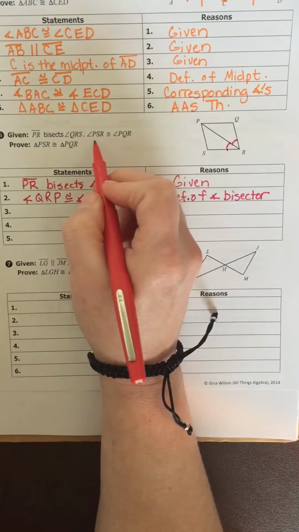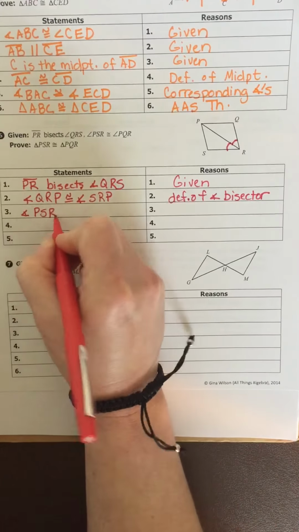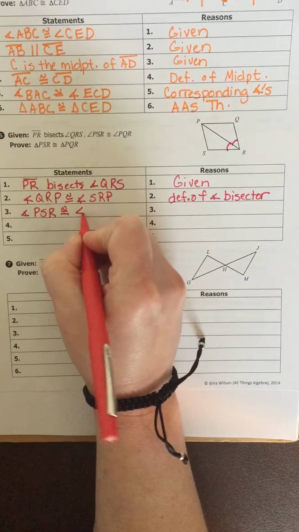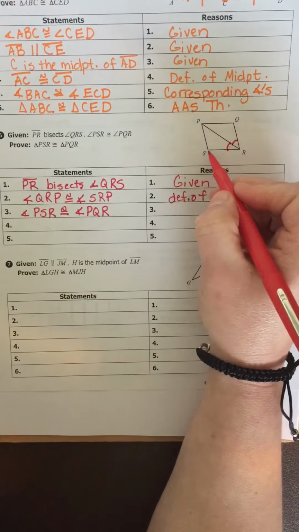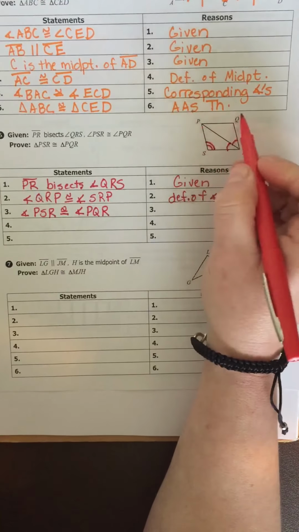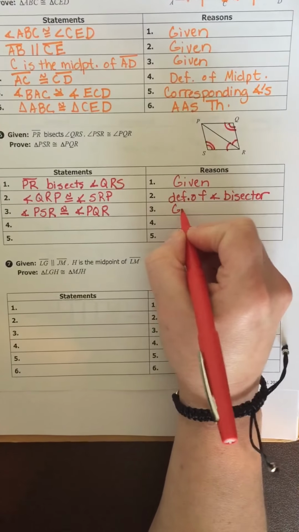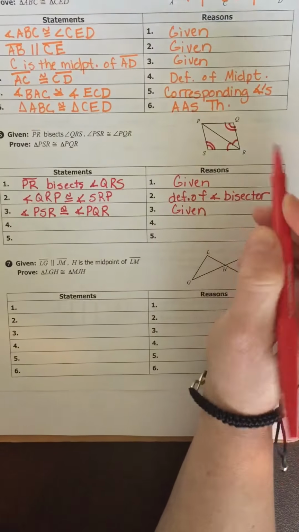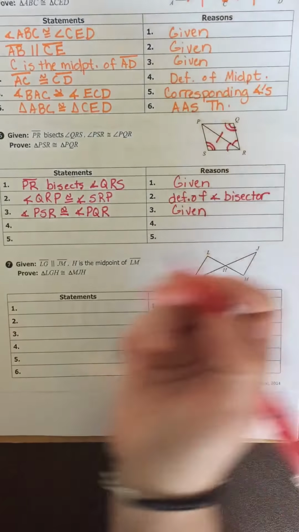All right, they also tell us that angle PSR is congruent to angle PQR. So PSR, this one, and PQR, this one are congruent. So that is given. We have an angle and an angle. All we need is a side. We got this handy dandy side.